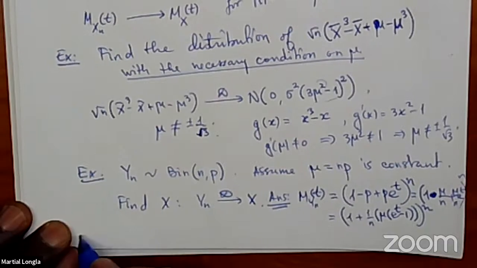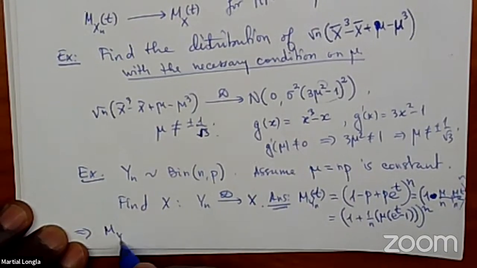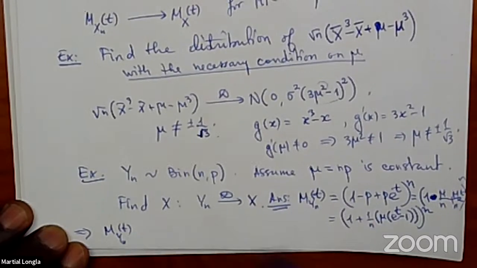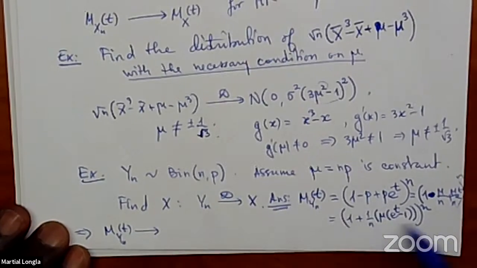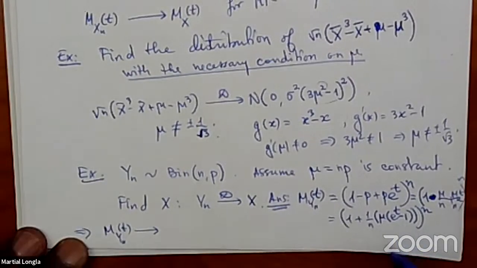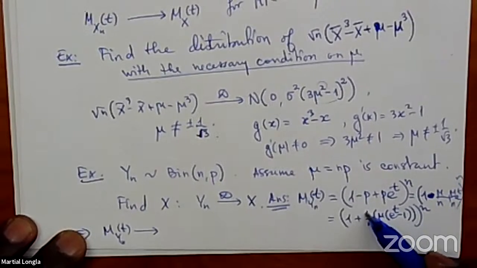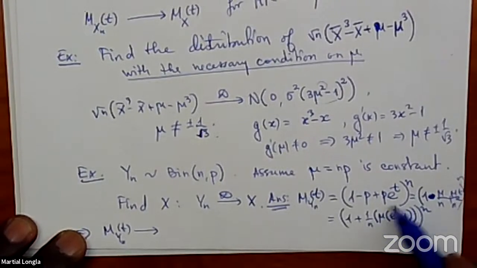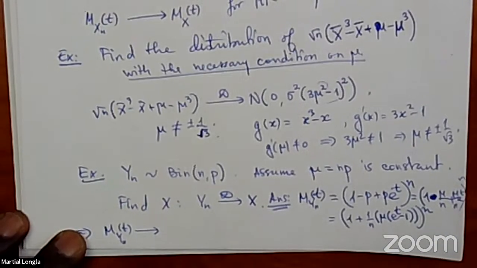So M_Yn(t), and this is for all t's, converges to what? What's the limit of this? That's what it means, converges. What's the limit? The same idea that was in the previous problem. This is 1 plus something over n raised to the power n. When n goes to infinity, what's the limit?